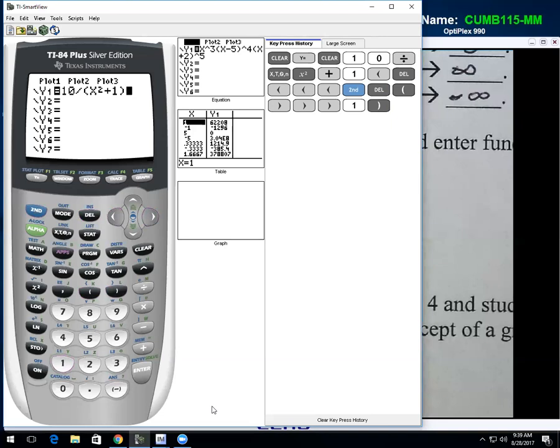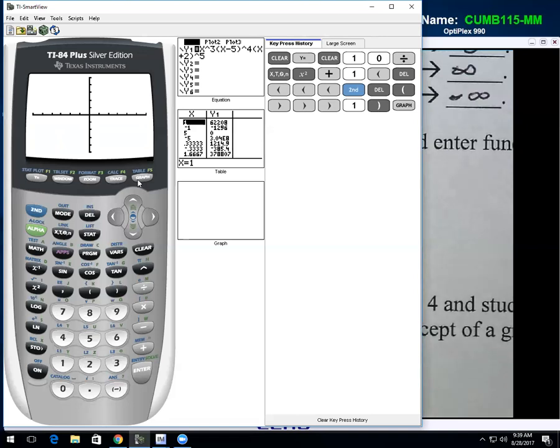I don't know what window I last used on this calculator. So if I just say graph, no telling, that looks pretty standard. Okay, I didn't have anything weird on there. Holy cow, what's up with that? Is this something my calculator just can't handle?